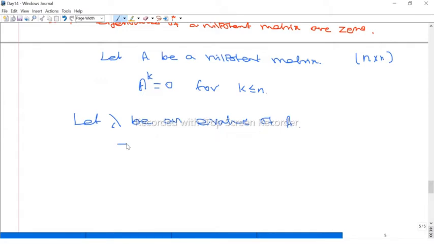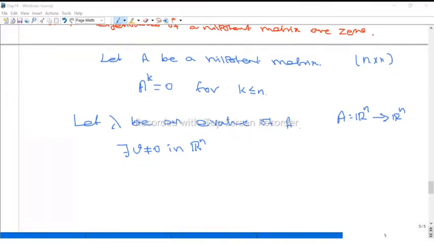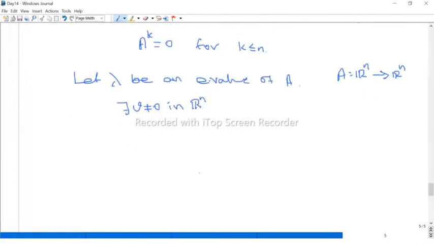By the definition of eigenvalue, there is some non-zero vector v in R n, since A is a linear transformation from R n to R n because it is an n by n matrix, such that Av equals lambda v.